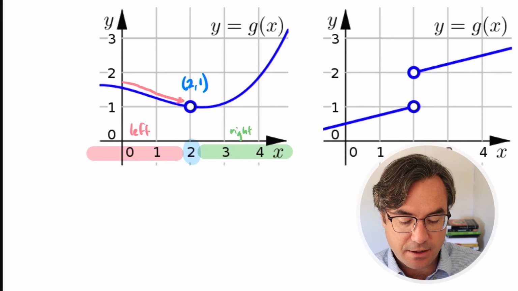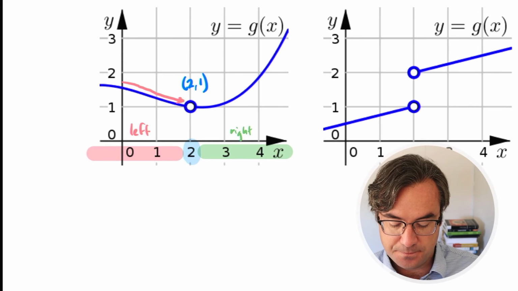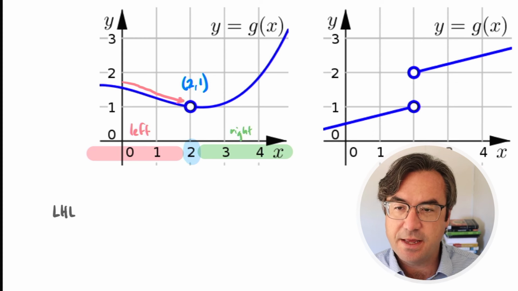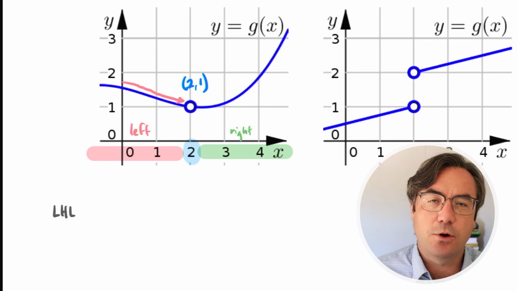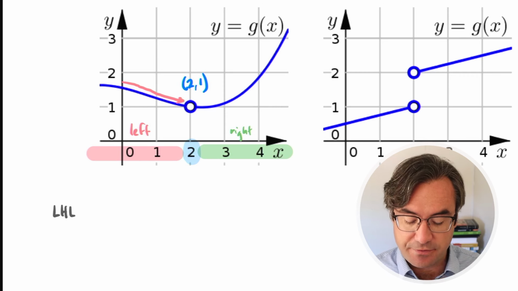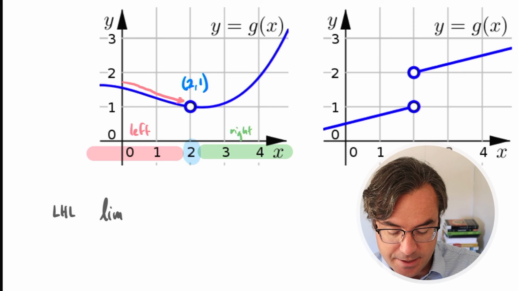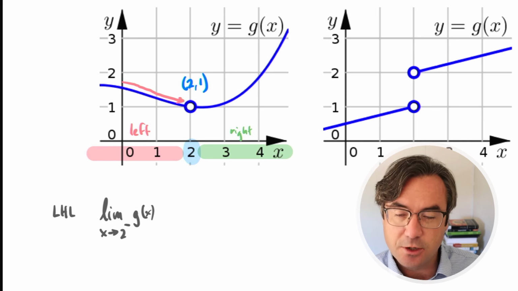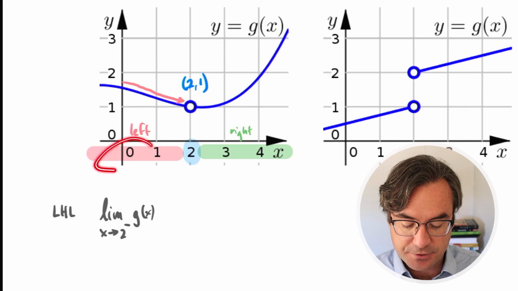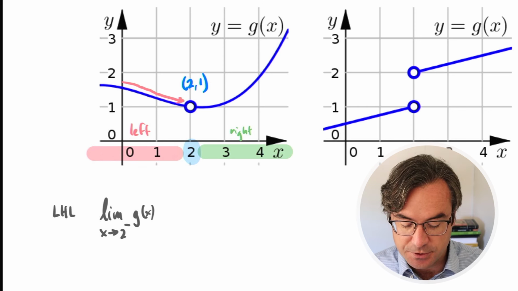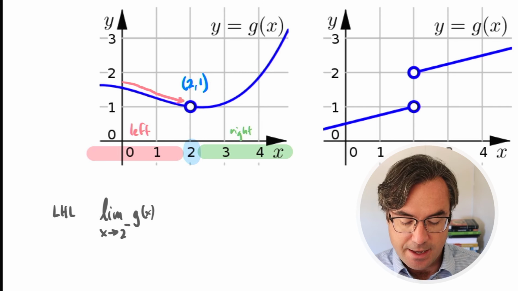So our left-hand limit in this case, and the notation we're going to use for the left-hand limit, is x approaching 2 with a little minus sign there. We're a little bit smaller; all the values here are a little bit smaller than 2, so we subtract a little bit.